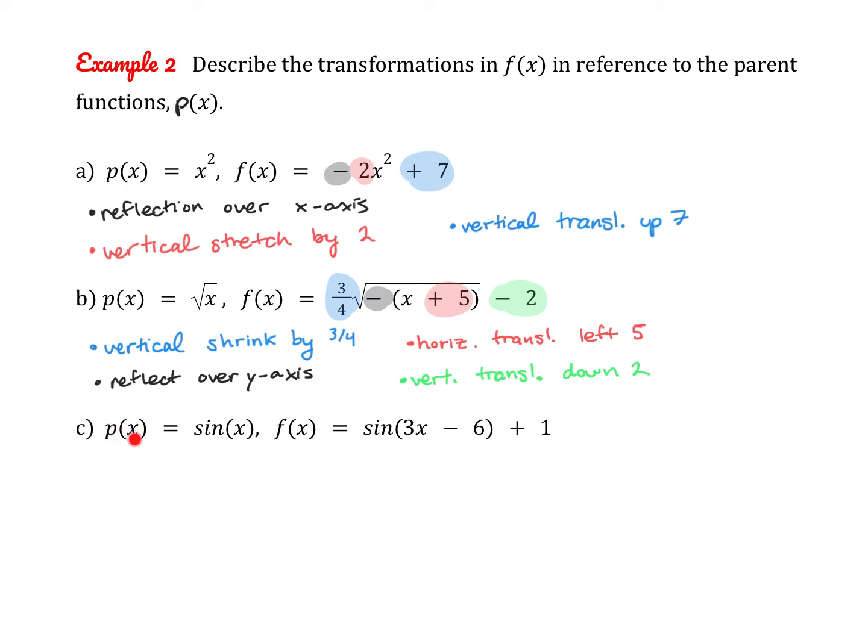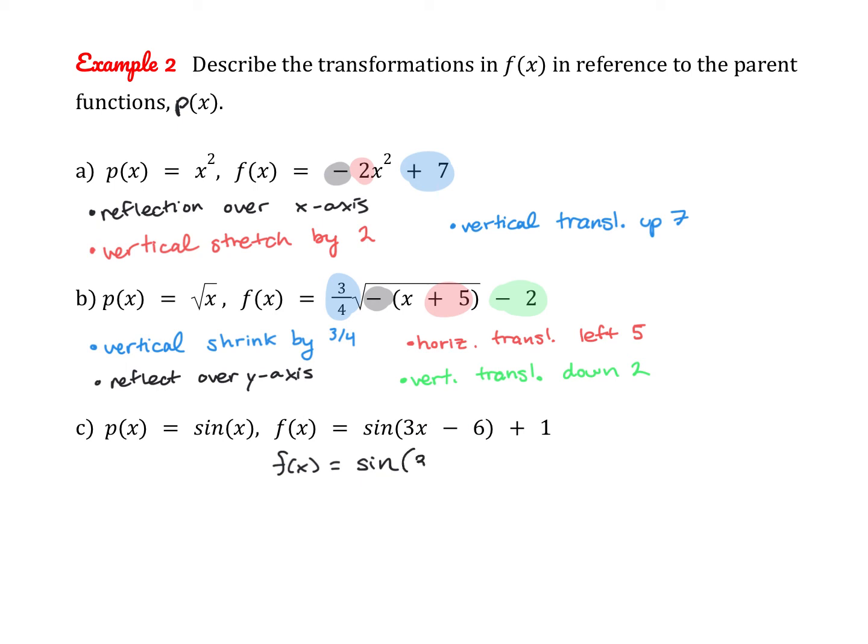Next, you'll see our parent function is the sine of x, and our new function f of x. So we have a couple different transformations here. Now this one, there is a trick to this. As I mentioned briefly, anytime we have something like this where we have a horizontal stretch or shrink and a translation, we need to make sure that this is factored out from the rest of the binomial. So we actually have a step we have to do first.